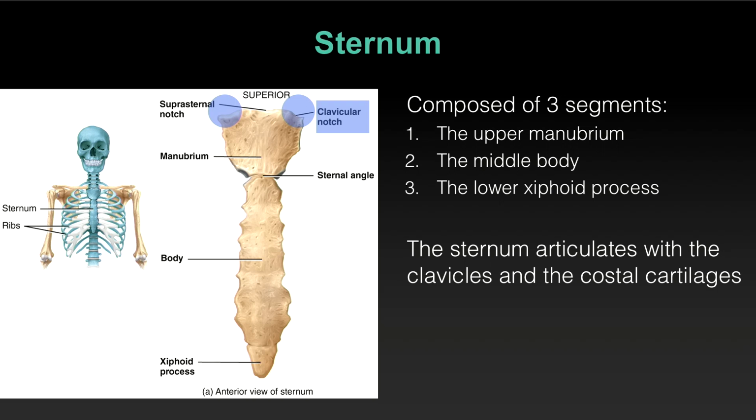And just medial to that, not that it serves much purpose, but is obvious to palpate, the suprasternal notch. Little saddle right in the middle of the manubrium. And I didn't highlight it, but the sternal angle, if you feel a little bit lower, there's a point where the breastbone feels like it inflects, it bends, and that's the sternal angle.